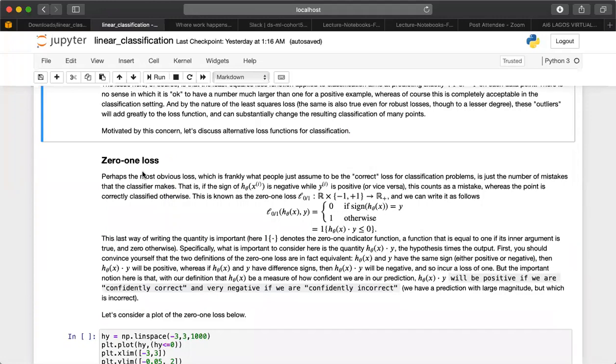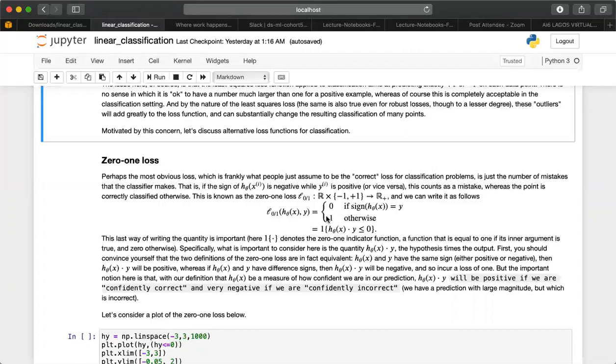The idea of the 0-1 loss, like Teju said when she was speaking, is you are kind of using the sign values to know whether you're having a loss of 0 or a loss of 1. If you're having a loss of 0, it means it's correct. And if you're having a loss of 1, it means it's not correct, right?